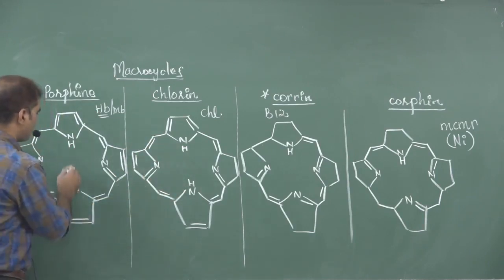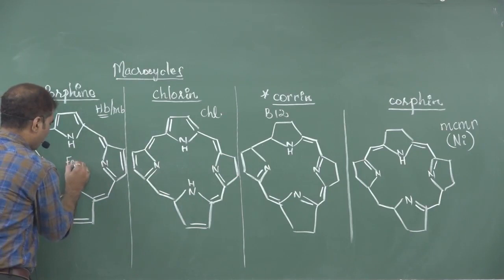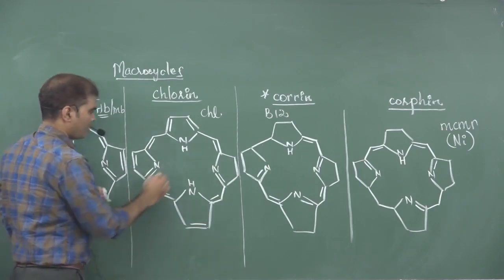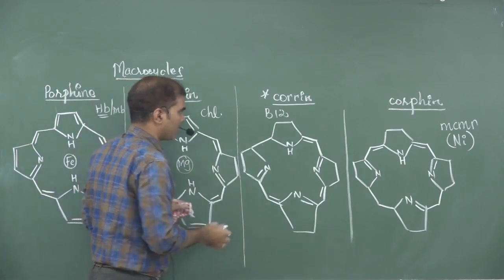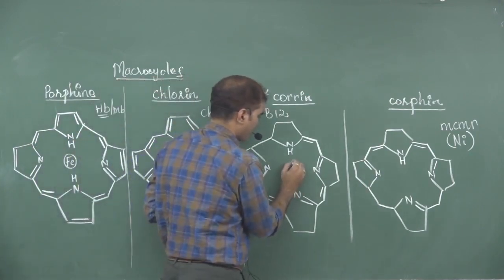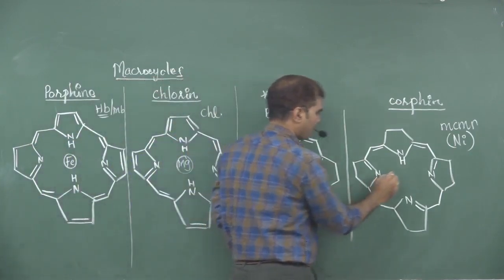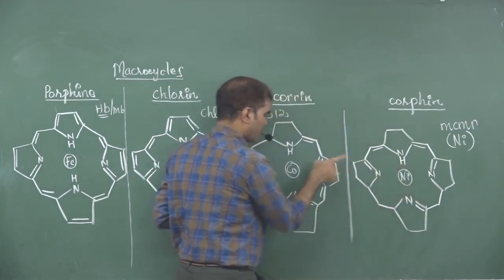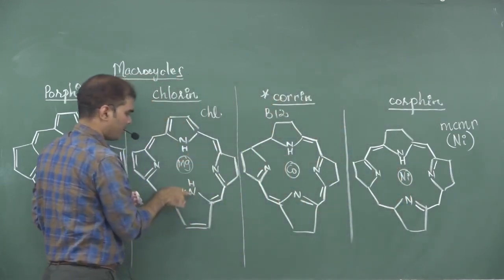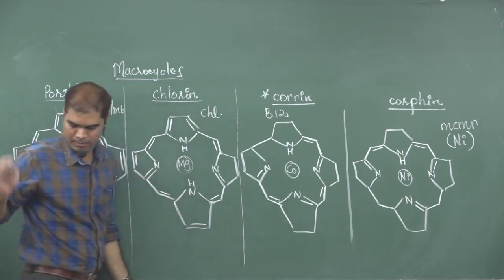If you want, I am drawing that also. I am taking iron as an example. In this case, I am taking magnesium at the active site, cobalt at the active site, nickel at the active site. Only one hydrogen, two hydrogens, two hydrogens.